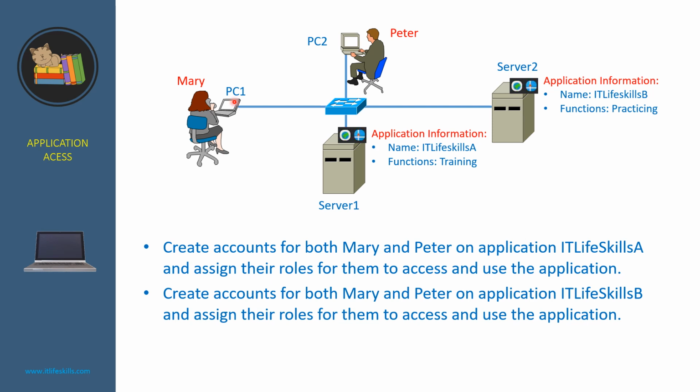Now we need to allow Mary and Peter to be able to access the applications IT Life Skills A and IT Life Skills B. In order to do that in this workgroup environment, we need to create accounts for both Mary and Peter on the application IT Life Skills A and assign their roles for them to access and use the application.